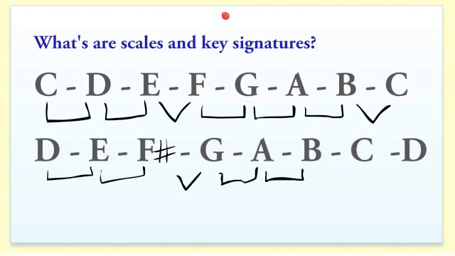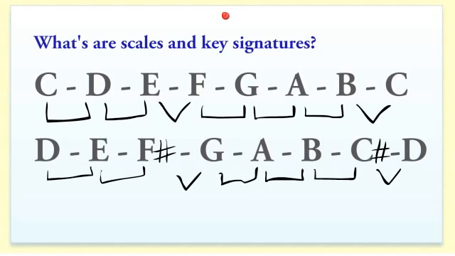Here we go again. B to C is not a whole step. I have to make this a sharp to make it a whole step. And then C sharp to D is a half step, so it matches the pattern. Now, this is a D major scale. You'll notice again there's one of each letter name. There's no F and F sharp. There's no C and C sharp. It's just one of each.